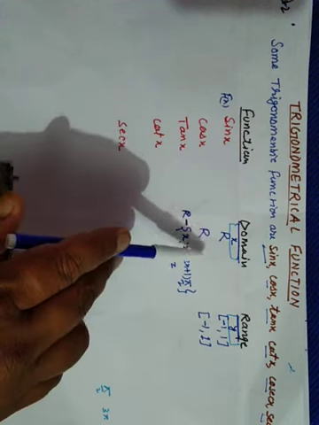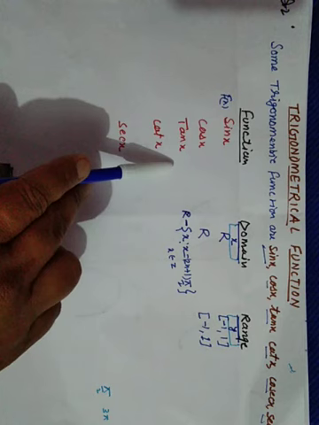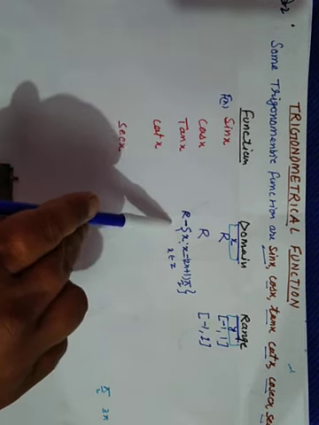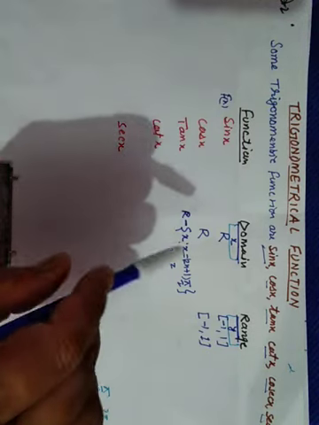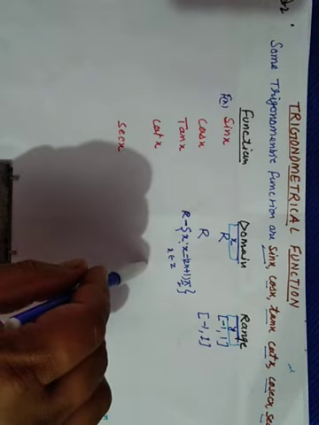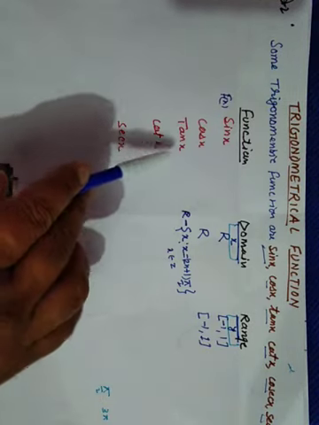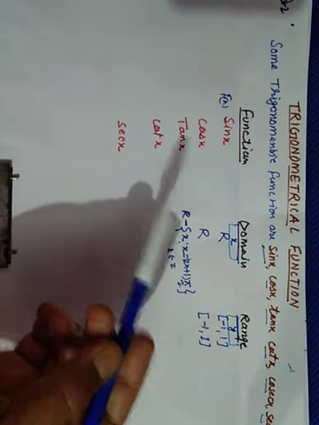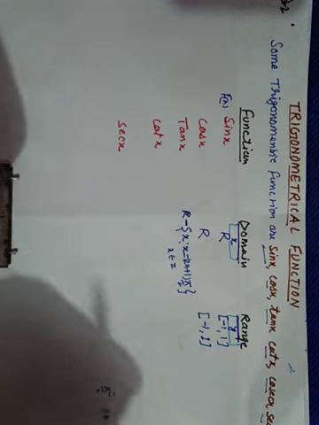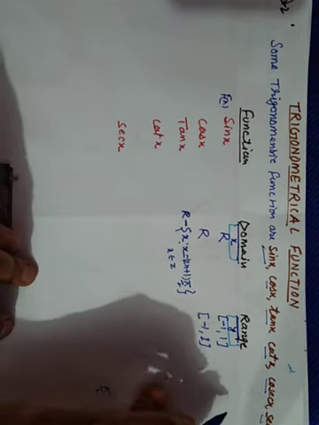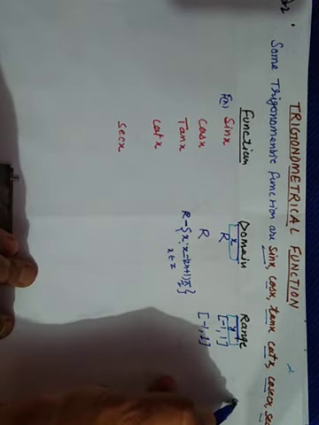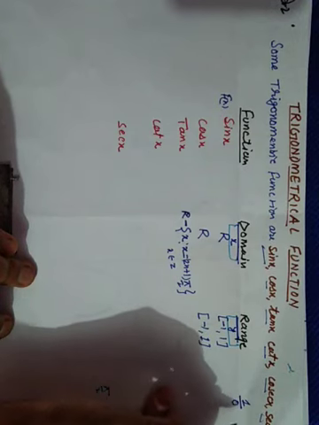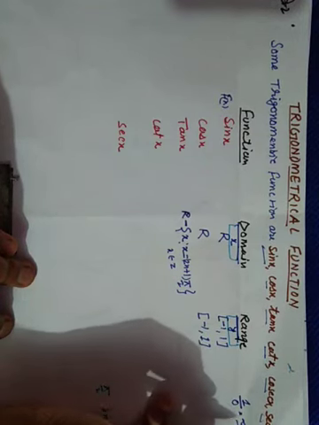Clear? For tan we have all real numbers except the values at which tan x is not defined. We know that undefined terms arise if we get a condition like something upon 0. That is undefined.